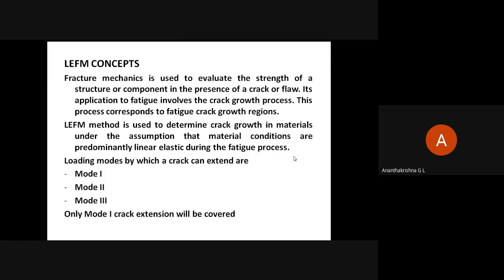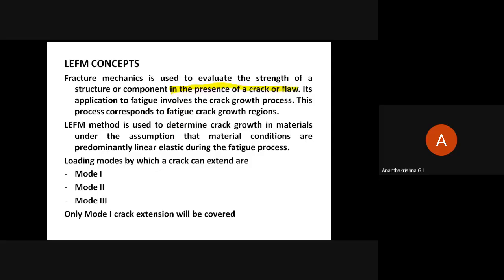This is what we were learning in the beginning, that fracture mechanics theory presumes the presence of a crack.